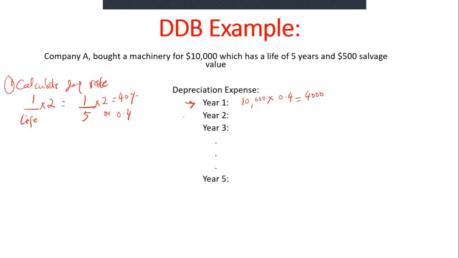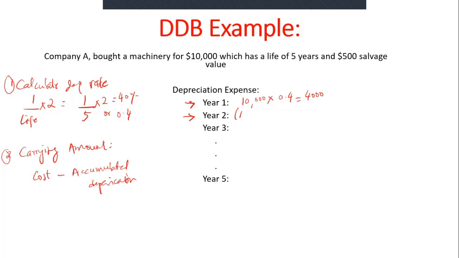So if you have to calculate the depreciation expense for year 2, the first thing that we would do is to calculate the carrying amount. Now, this is the third question that was in our PowerPoint slides, carrying amount. The formula for carrying amount is the cost of the asset minus the accumulated depreciation.